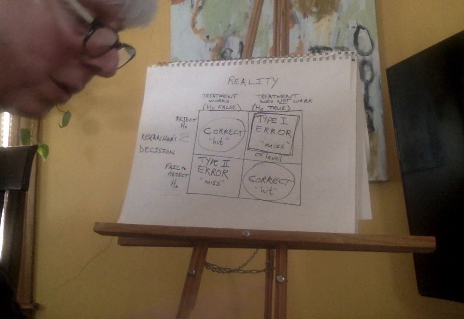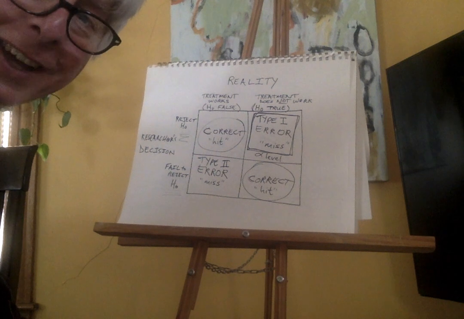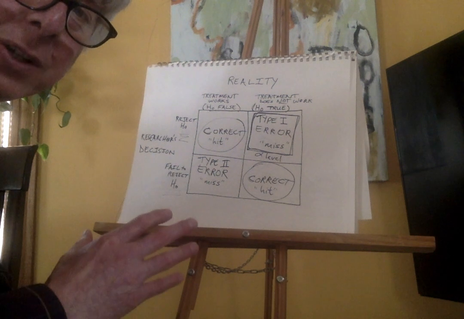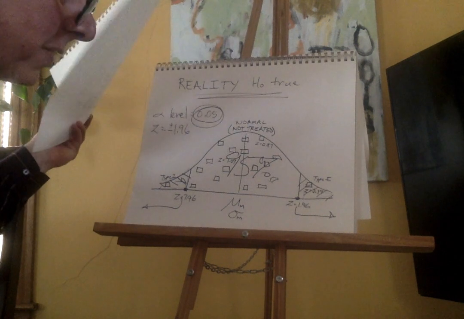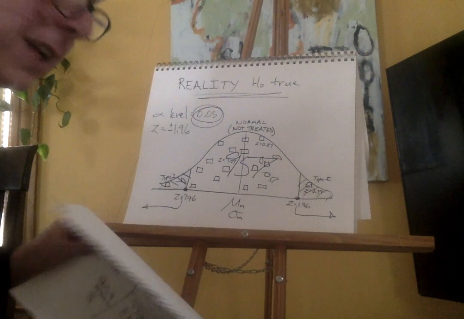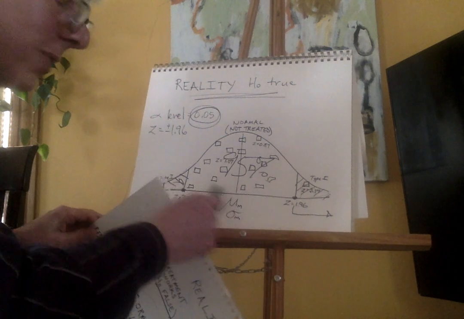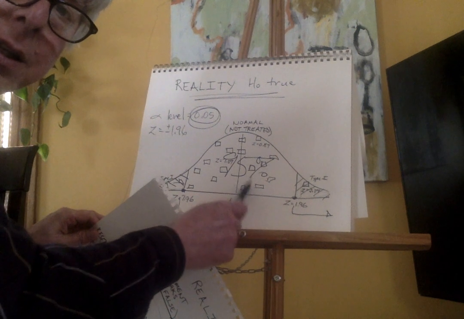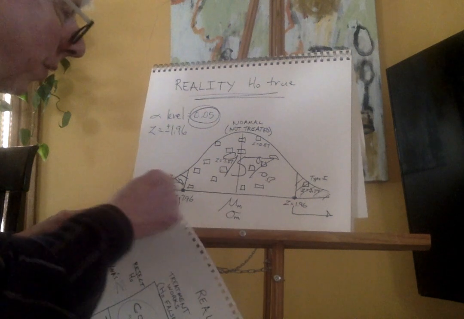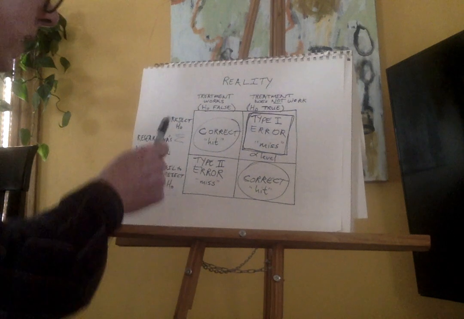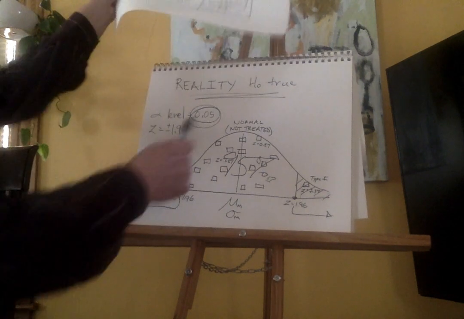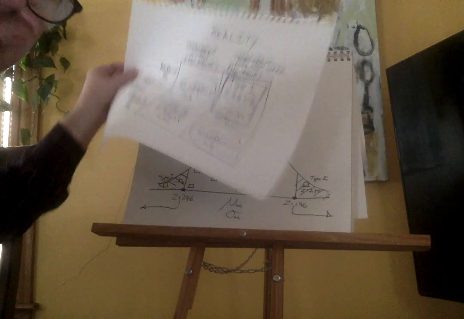I make mistakes way more than 5% of the time, okay? So this is pretty good for researchers. So when you read a study and they say they found an effect, you can be 95% sure that they're correct. But once in a while, 5% of the time, we're going to make a type 1 error, okay? If we have our alpha level set at 0.05.